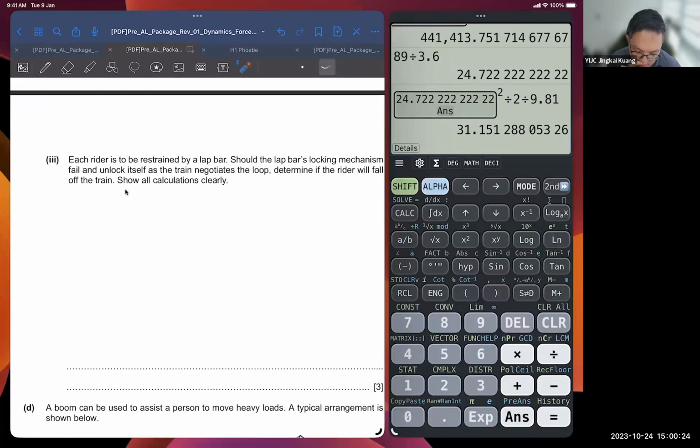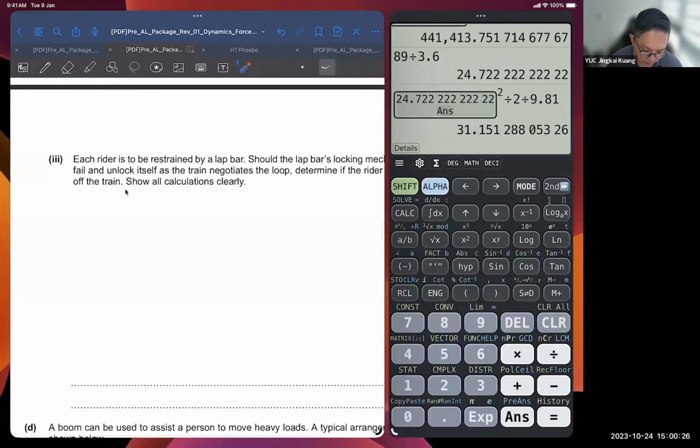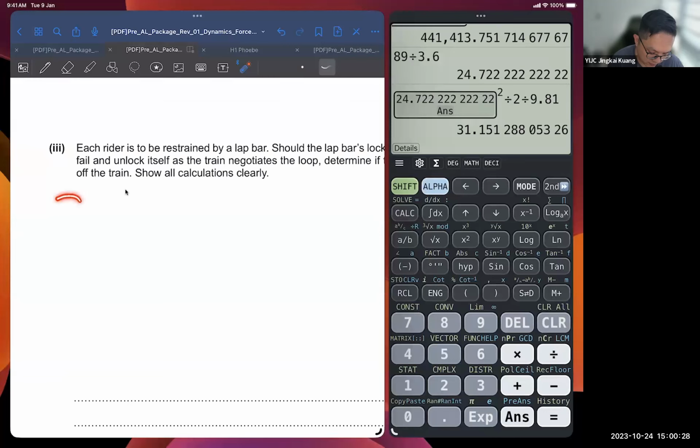Okay, for this one, you need to work out at the top of the circle. There, over here, you're going to have velocity. So remember here you will have weight, and you will have normal reaction force.